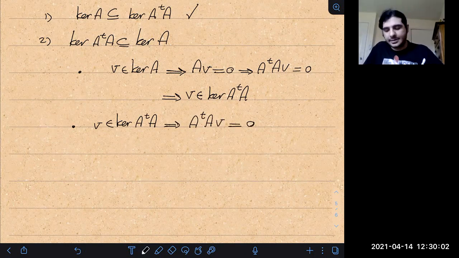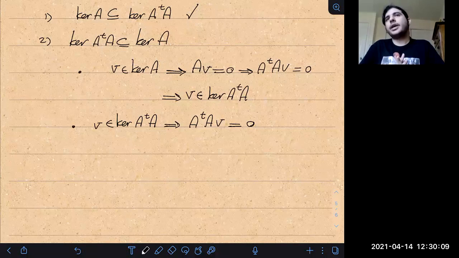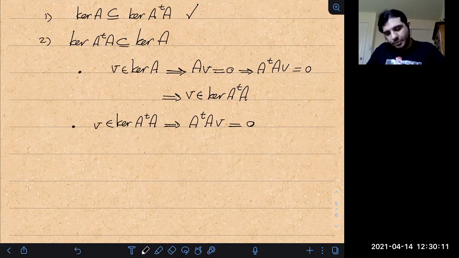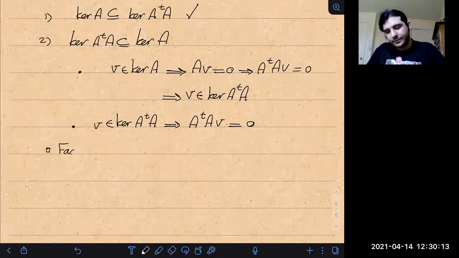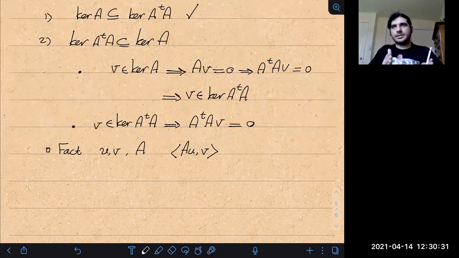Okay, that's correct. Now there is a very interesting fact about the inner product of vectors and matrices. Let's write down a little fact here. For any 2 vectors u and v, and any matrix A, we can multiply A by u and then compute its inner product with v. Here Au is a vector, v is a vector, so we can compute the inner product.